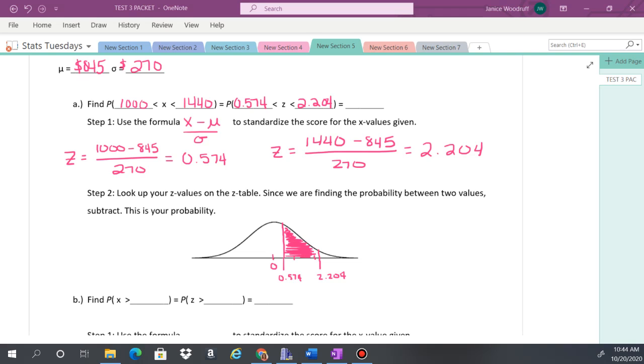So I'm going to look it up on my Z table. We want to go to the second page with the positive scores. You want to go to 0.5 and then 7, and you should get 0.7157 from there. Let me see, I think it's working now, so I can show you.